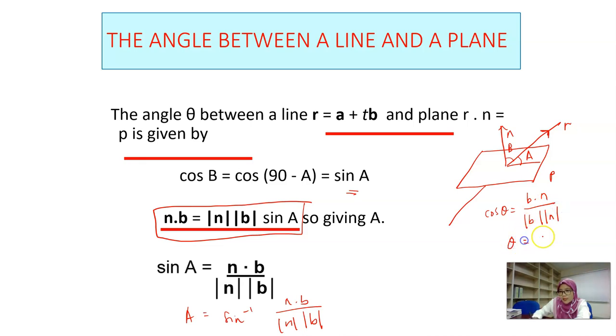But then you will get this angle B. But our aim is to find A. So A equals 90 degrees minus B. You can choose either one. If you are using cos, then you must do this subtraction. If you are using sine, then you will get the answer directly.